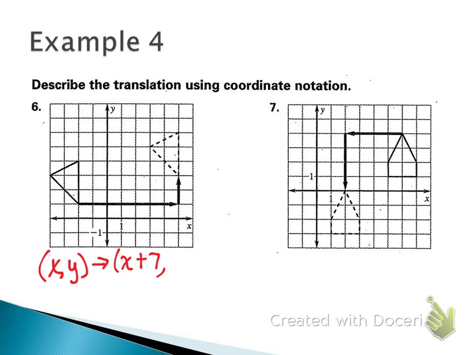So x plus 7, comma, y, being up or down? Up, so are we adding or subtracting? Adding how many units? 1, 2. Okay, so we went to the right 7, up 2, x plus 7, y plus 2.